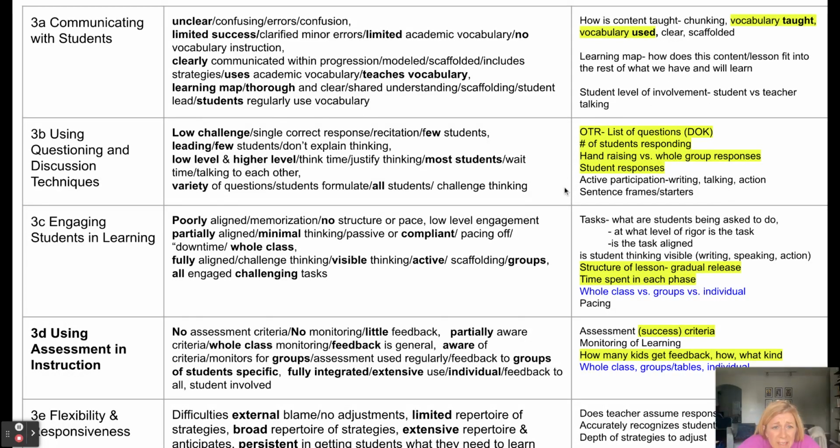I am very curious and interested in the opportunities that students have to respond and process information in the class and how they're being asked to do that. I'm always going to gather information about gradual release and lesson design. And then in terms of assessment, I want to know what that criteria is. And I'm specifically going to be giving information about how many kids are getting feedback and what kind.